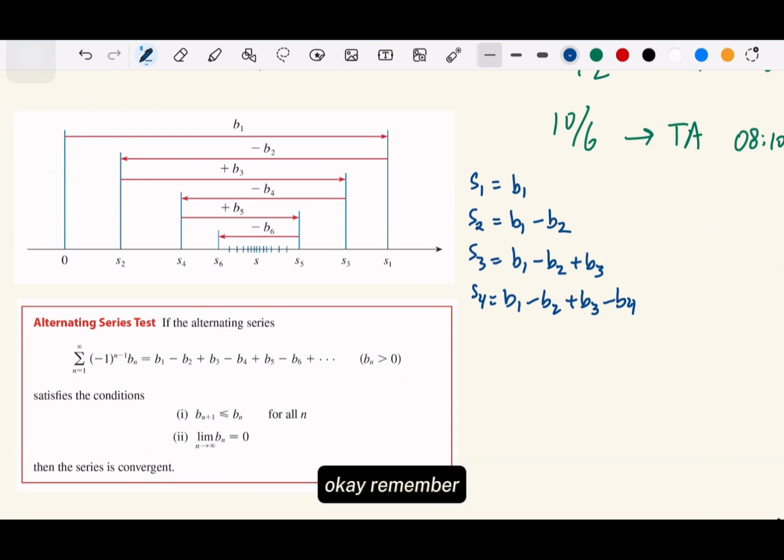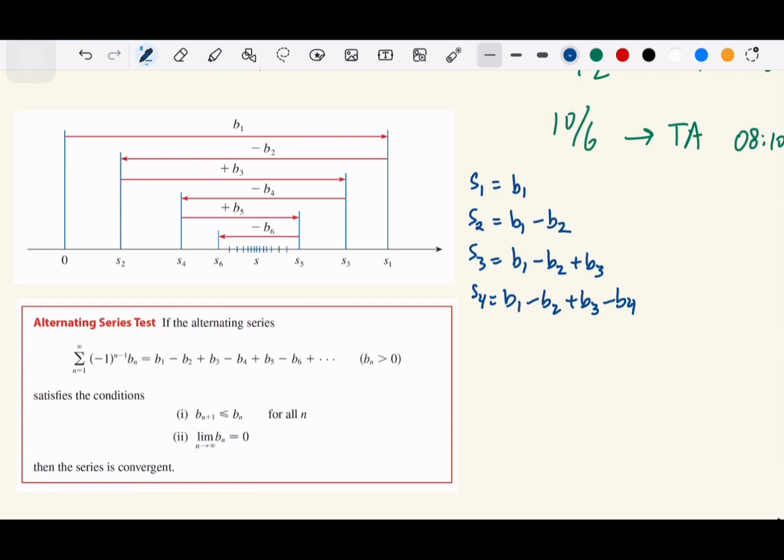Okay. Remember, this limit equals 0 implying convergence, we can make sure that this only happens on the alternating series. If it doesn't have any alternating signs, if it doesn't have this -1, then we cannot use this theorem.